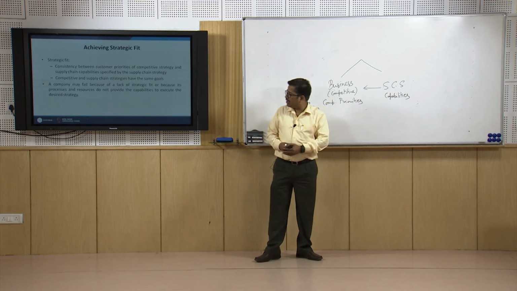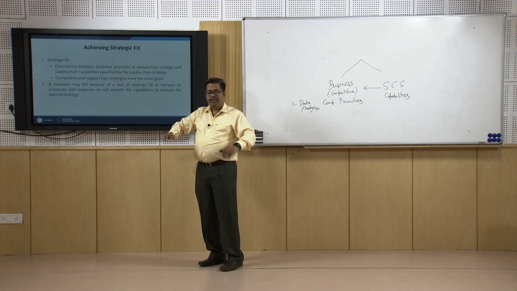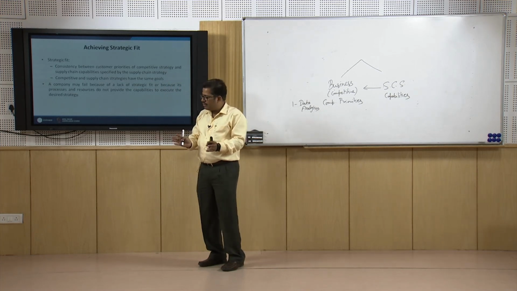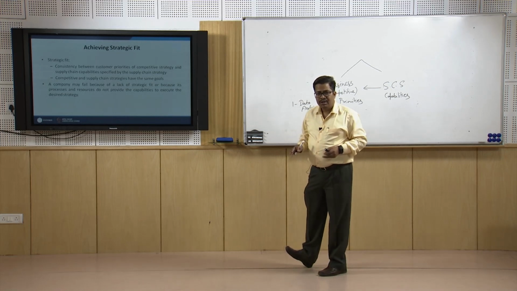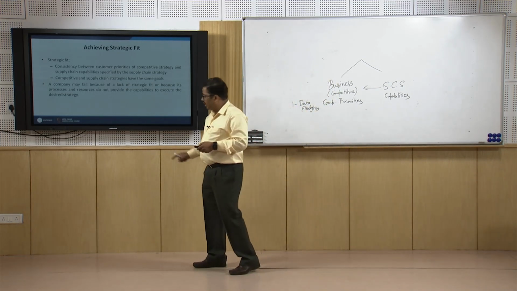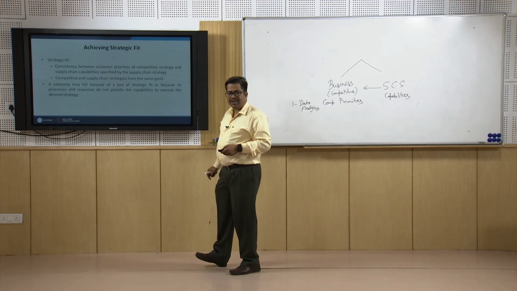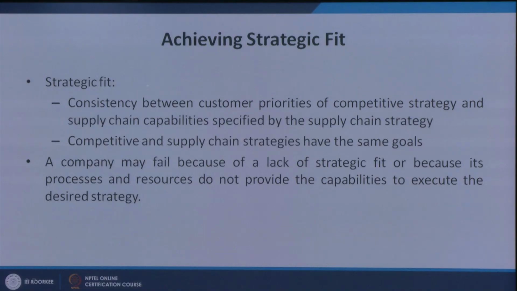So, we are warning against this: the overall goal of the organization, which is the business goal or competitive goal, and the supply chain goal must have the same objective. And then we further warn that a company may fail because of a lack of strategic fit, or because its processes and resources do not provide the capabilities to execute the desired strategy.